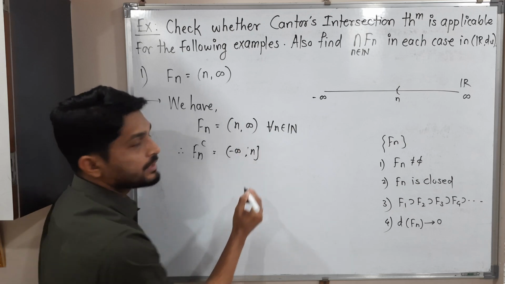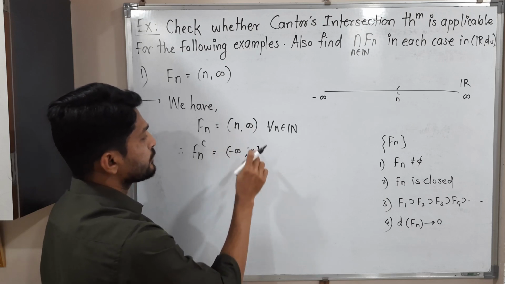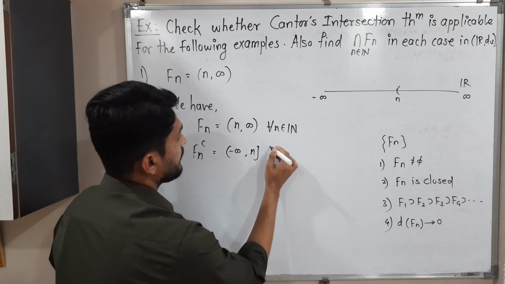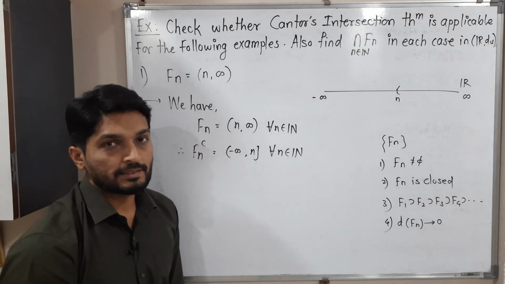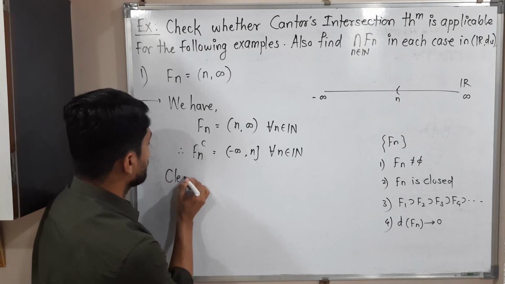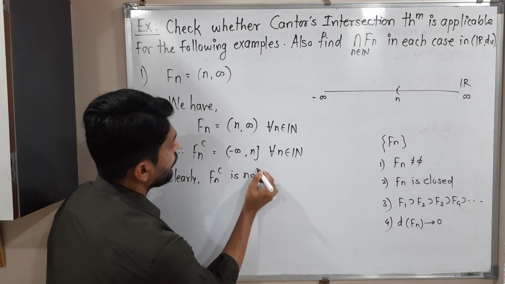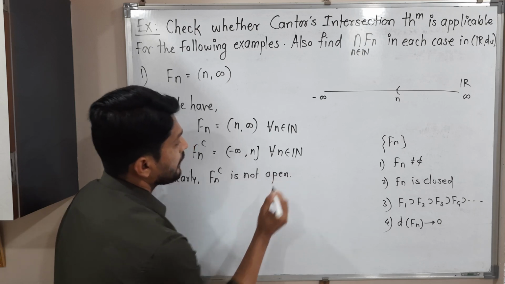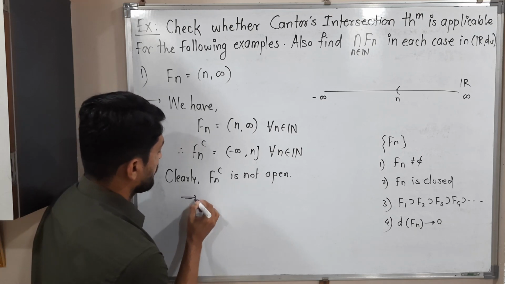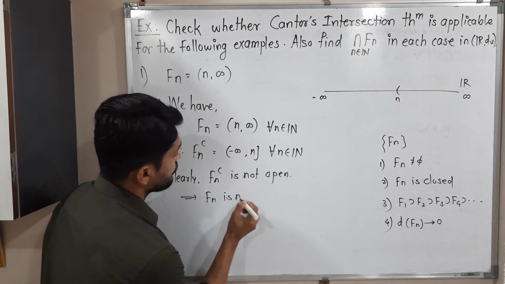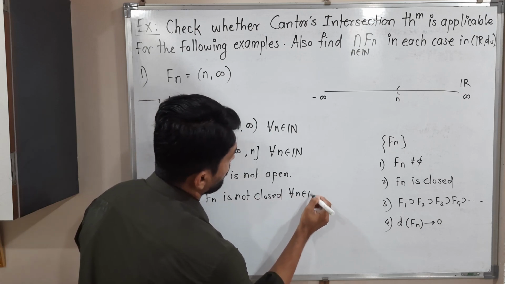Here we should write a closed interval, because n does not belong to this set, so it should be in its complement, for all n belonging to the set of natural numbers. But it is not an open set. Clearly, Fn complement is not open, so the set is not closed. This implies Fn is not closed for all n.